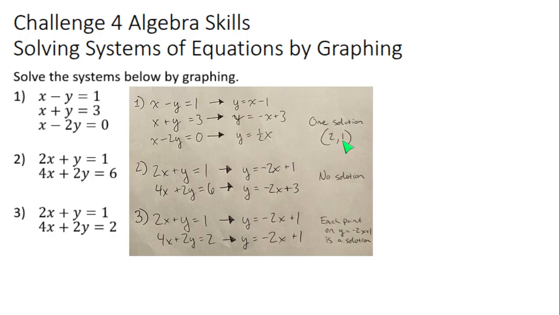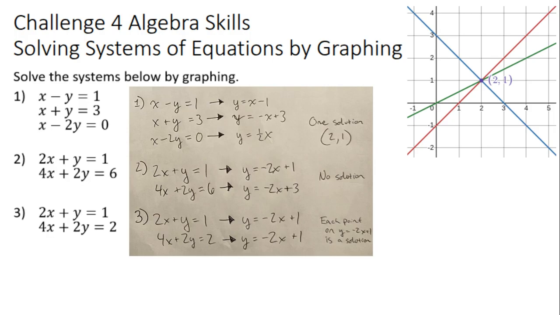Now, how do I know that by graphing? Well, I need to graph these lines, which are conveniently in slope-intercept form. Here is the set of graphs. y equals x minus 1 is the red, with a y-intercept of negative 1 and a slope of 1. y equals negative x plus 3 is the line with the slope that's going down, and a y-intercept of 3. y equals 1/2 x has a slope of 1/2.